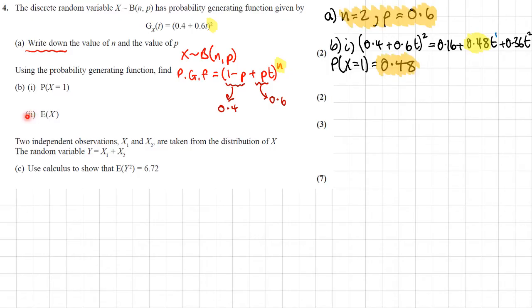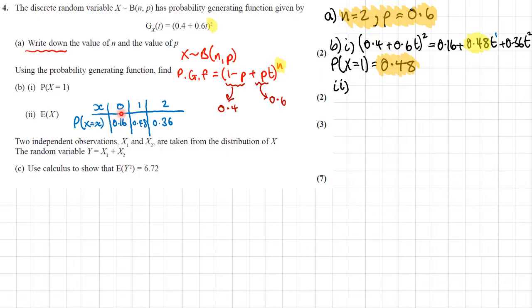The second part of part B is to find E of x. Now at this point I could actually write down the probability distribution of x to find E of x. I don't really think that's what they want us to do, but it's easy enough to do because the outcomes are going to be the powers of t, which are 0, 1 and 2, and then the probabilities are going to be the coefficients, which are 0.16, 0.48 and 0.36.